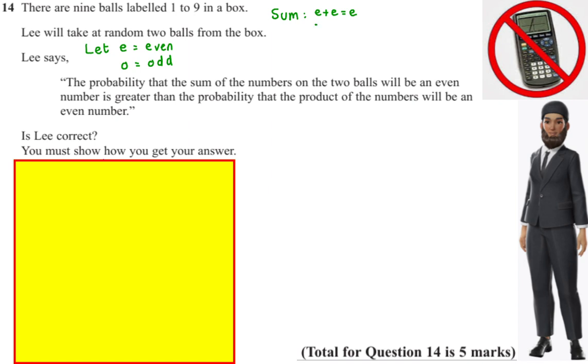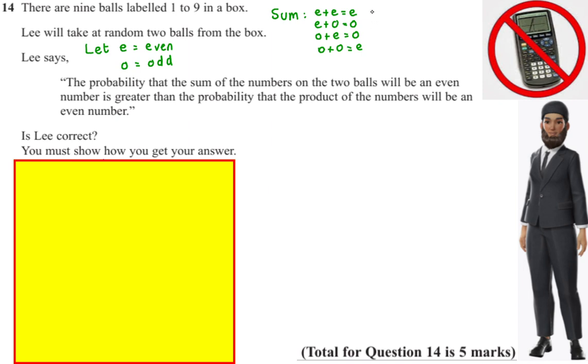An even plus an odd, for example 2 plus 3, gives us an odd, so that would be no good to us. An odd plus an even again gives us an odd, and an odd plus an odd, for example 1 plus 3, gives us an even. So we're interested in the even and even and the odd and the odd.